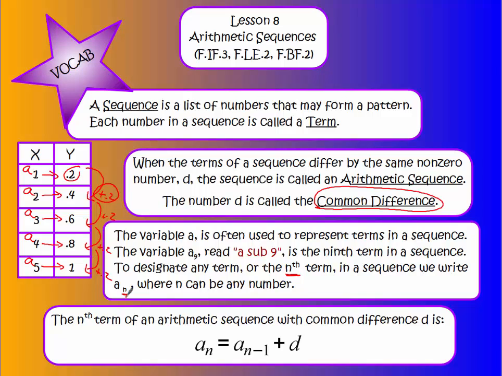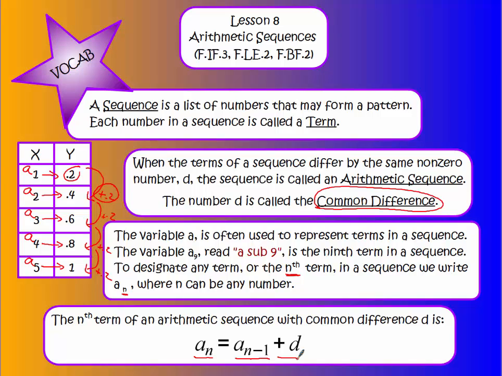So down at the bottom here, the nth term of an arithmetic sequence with a common difference d can always be found like this: a sub n is equal to a sub n minus 1 plus that common difference. So let's see what that means.